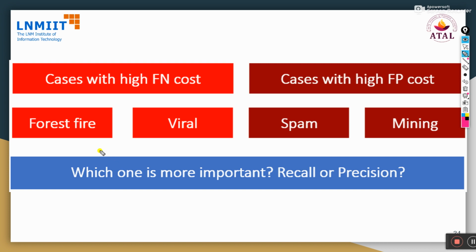So forest fire, most of the time, false negative. In the training part, most of the time forest fire will be in yes format or no format. Yes or no, right? Most of the cases will have which class, yes or no?